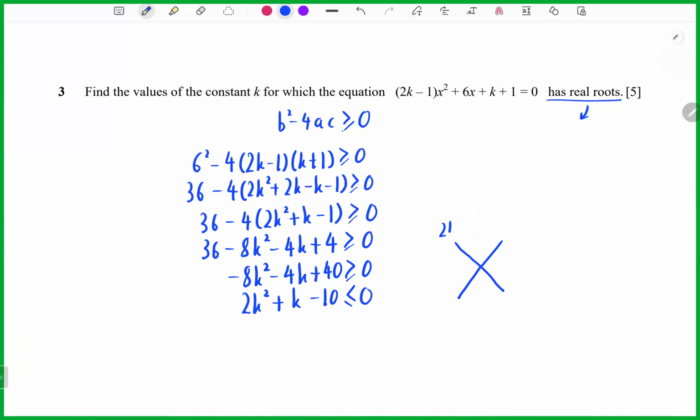So 2k and k here, and here is ten, so you can write 5 and 2, with plus and minus because we need to get positive k. You can multiply 5k and negative 4k. So you can write 2k plus 5, k minus 2, less than 0.